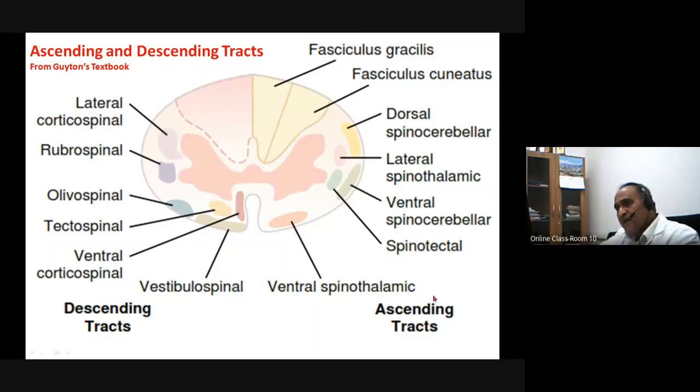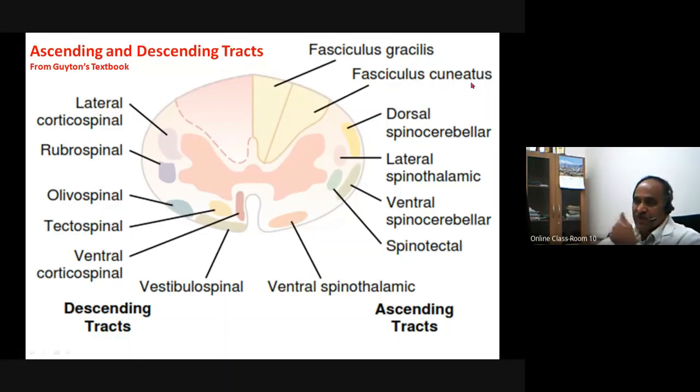On this side we have the ascending tracts. I start with the fasciculus gracilis from the lower limbs, the fasciculus cuneatus, then the dorsal spinocerebellar, the ventral spinocerebellar, then lateral spinothalamic, then a ventral spinothalamic tract here, and the spinotectal tracts.